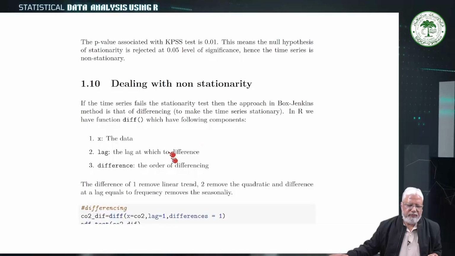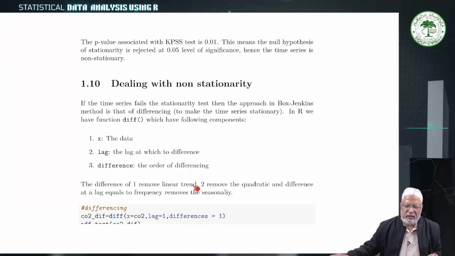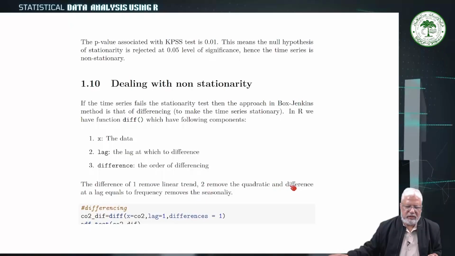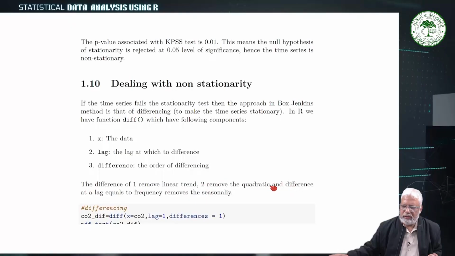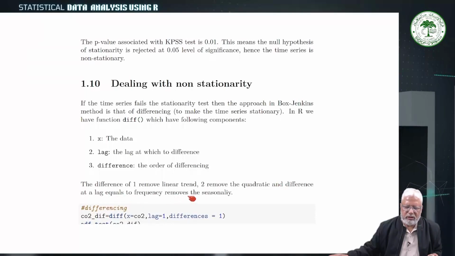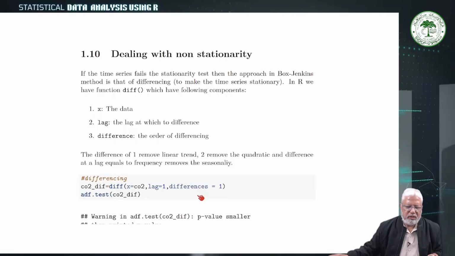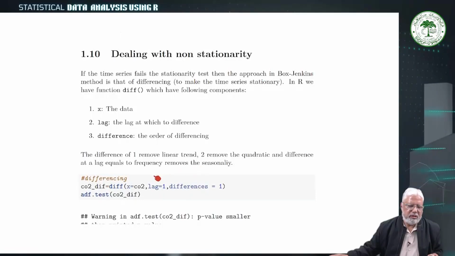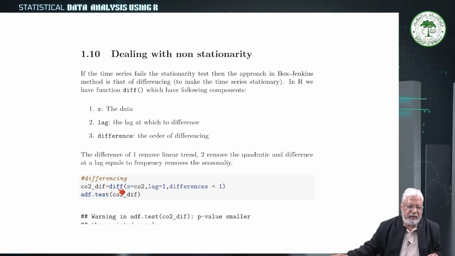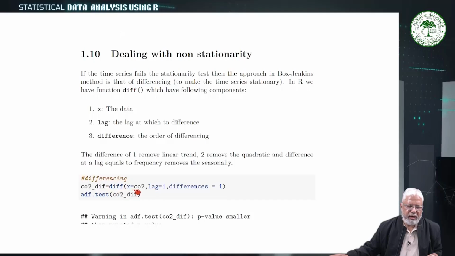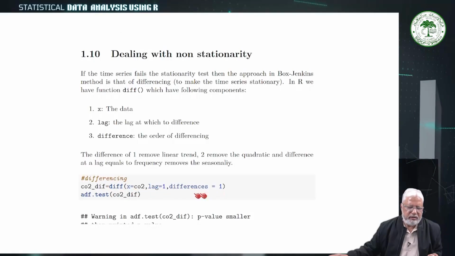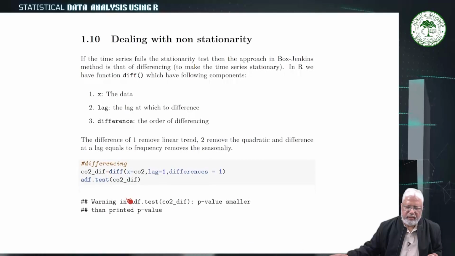The difference of 1 removes a linear trend, whereas the difference of 2 removes a quadratic trend, and differencing at lag equal to the frequency removes seasonality. So, CO2 diff is equal to diff with x equal to CO2, this is a time series, lag is equal to 1, differencing of 1.